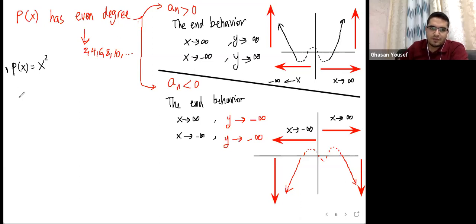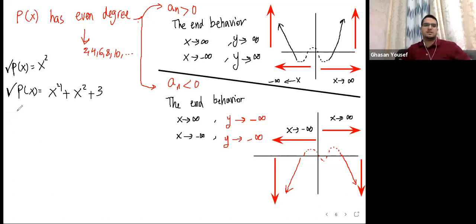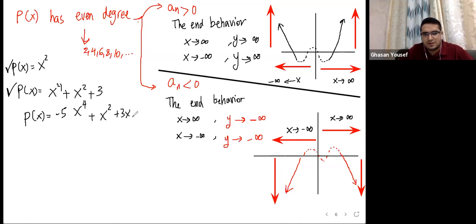Also, another example is b of x equals x to the power 4 plus x to the power 2 plus 3. This is also another one. B of x has even degree. Another one, b of x equals minus 5x to the power 4 plus x squared plus 3x plus 2.